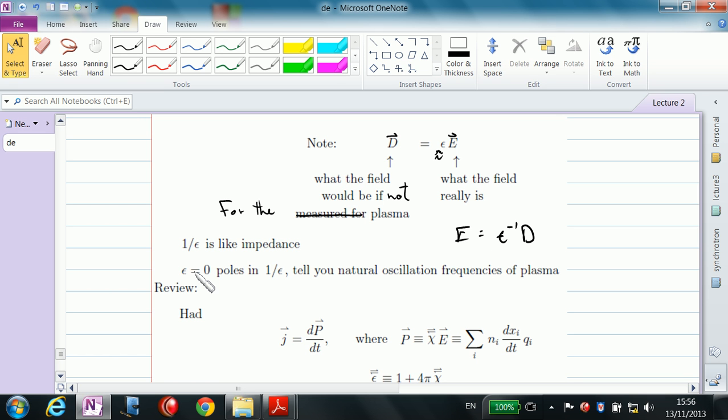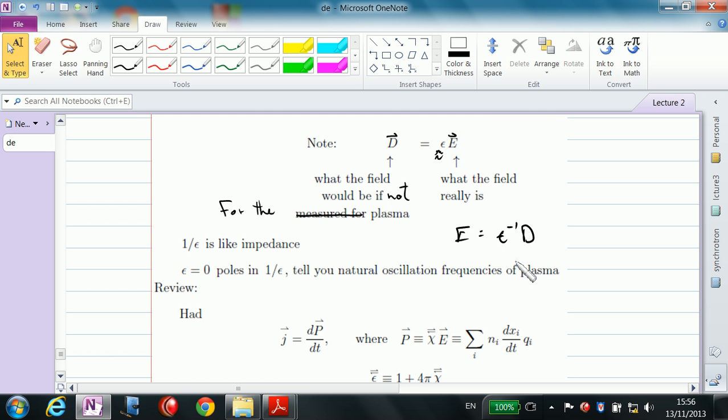E is non-zero, but D is 0. And it's just the plasma doing it all by itself.